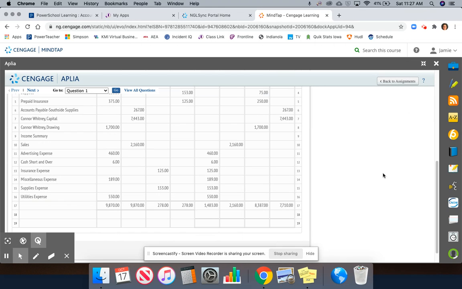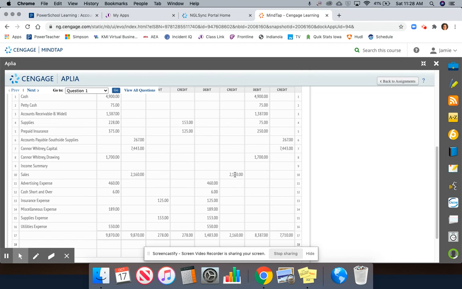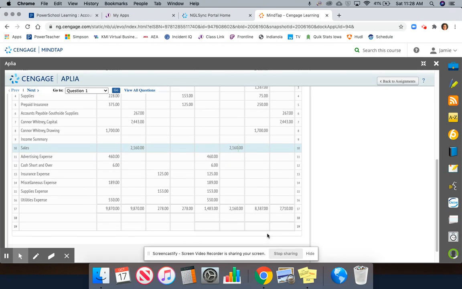Now we are to the point of calculating our net income or net loss. How we do that is we take our revenue. Our only revenue we have is the sales of $2,160. And since it's larger than our expenses, then we take our revenue minus our expenses. We never have negative numbers, so you always take the bigger number minus the smaller number.